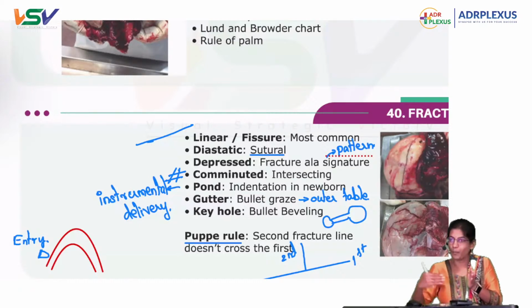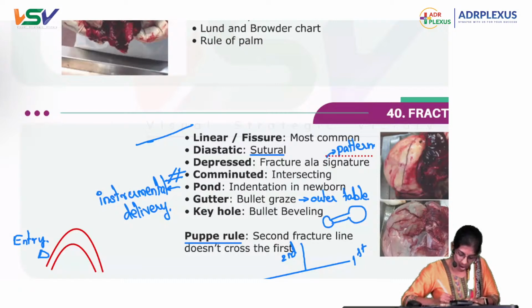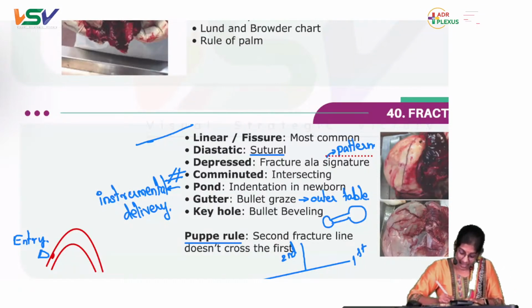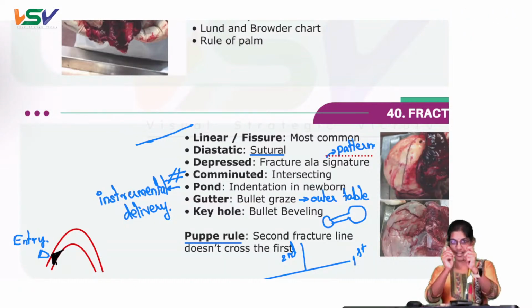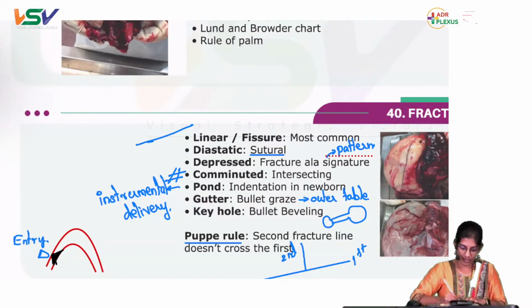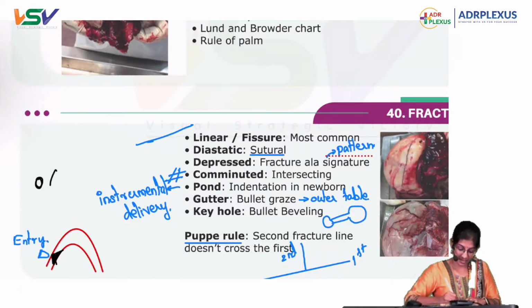So when the bullet passes, the outer table will tend to produce a small round hole, whereas the inner table would have got chipped off and will have a bigger hole. So when you look at the skull from outside, the hole will be very small, whereas when you look at the skull from inside, the hole will be pretty big.